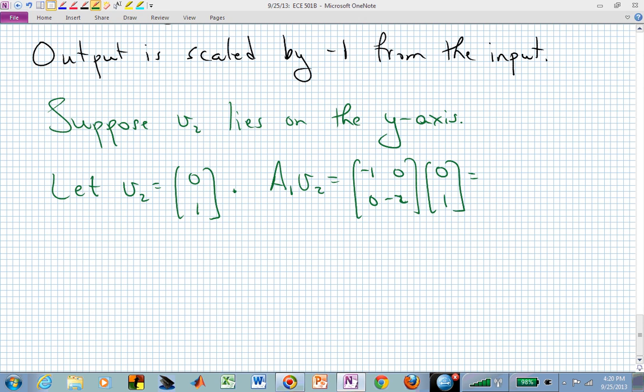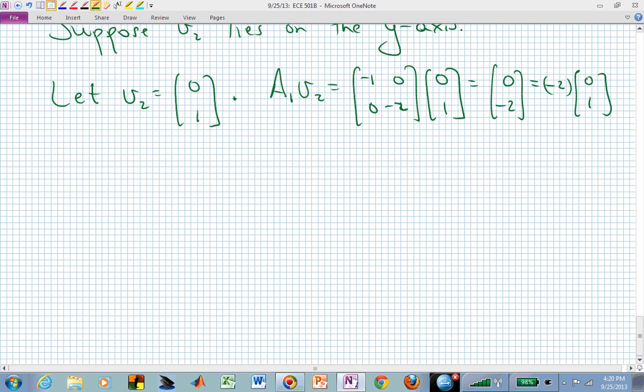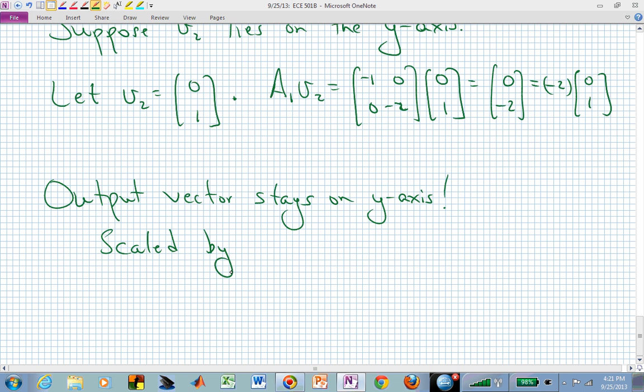It's going to just extract or retain the second column, which is (0, -2). And that's just a scaled version of what we started with, scaled by -2, which was actually on the diagonal to begin with. This output vector stays on the y-axis, and it's scaled by -2.